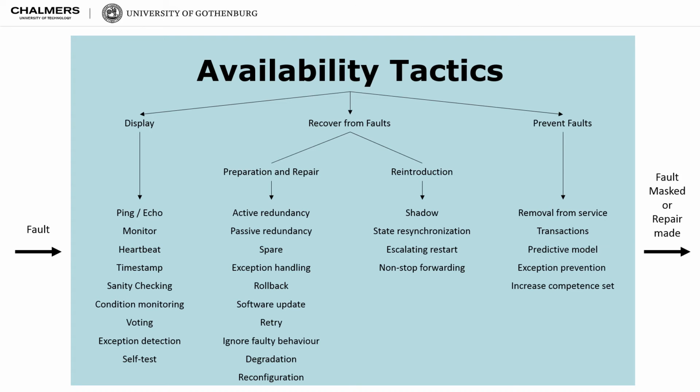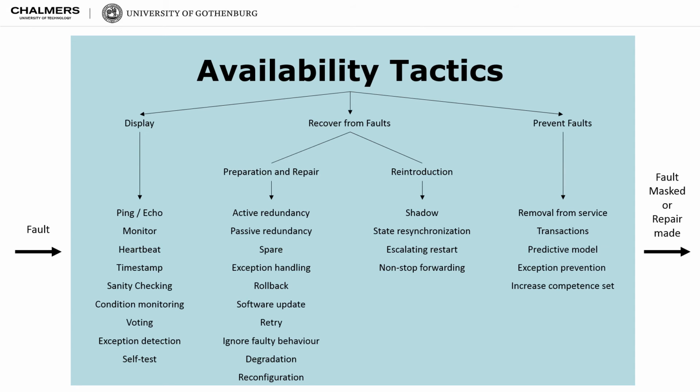Once faults are detected, the system can recover from such faults through repair and reintroduction strategies. However, instead of detecting faults and then trying to recover from them, an architect could adopt other architectural tactics to prevent faults in the first place.